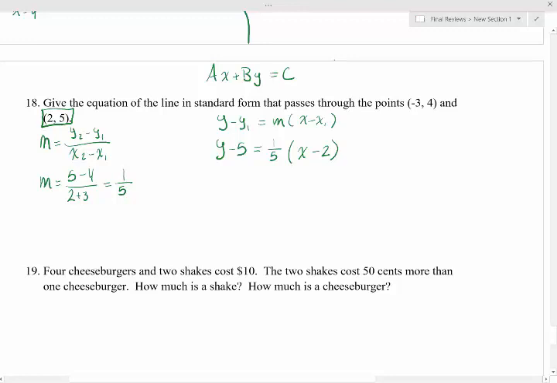So I need to distribute my 1/5. And I'm going to get all my variables to one side and all of the rest of the numbers to the other side. So I'm going to subtract 1/5 x from both sides.